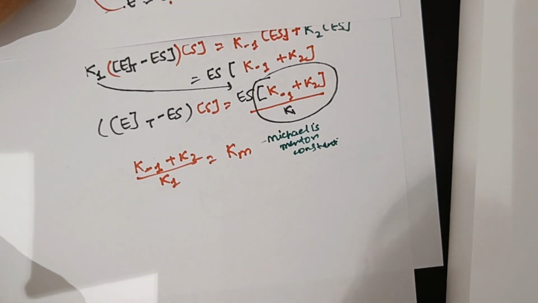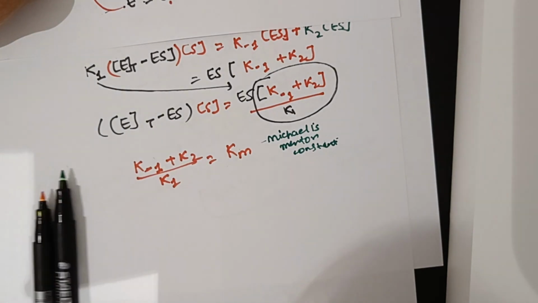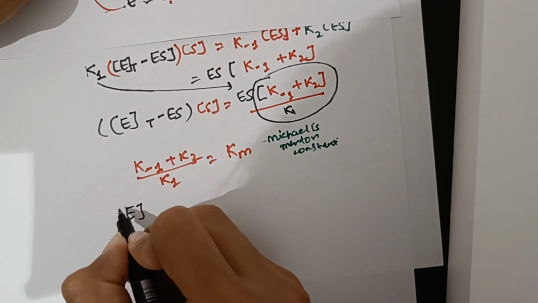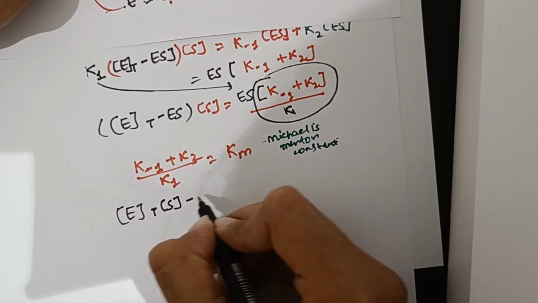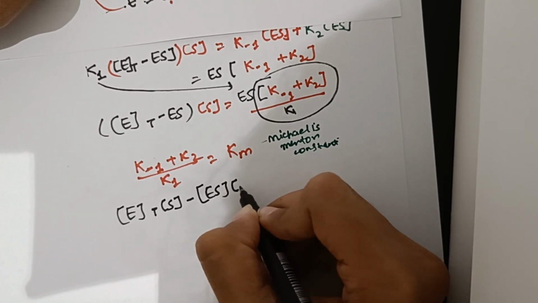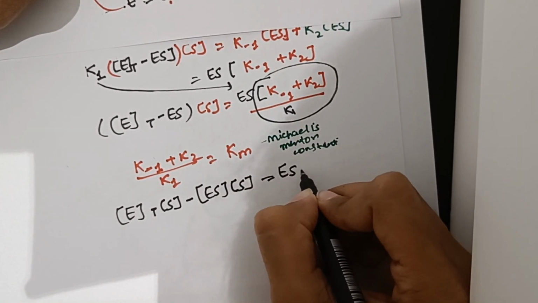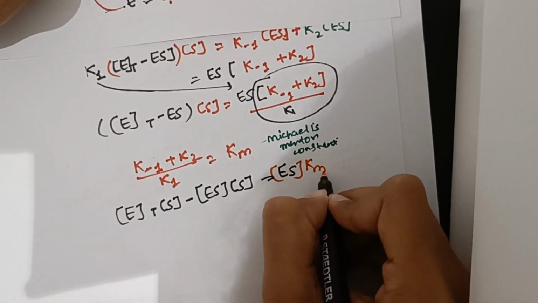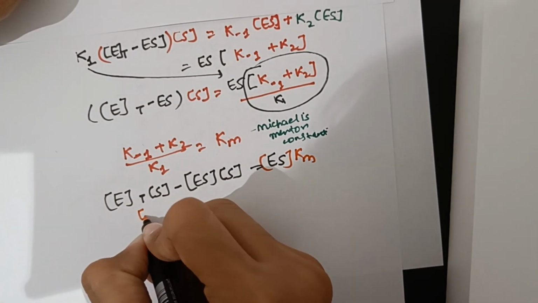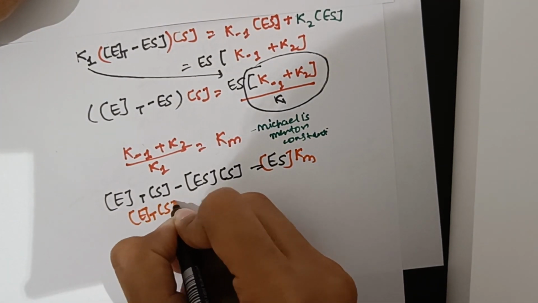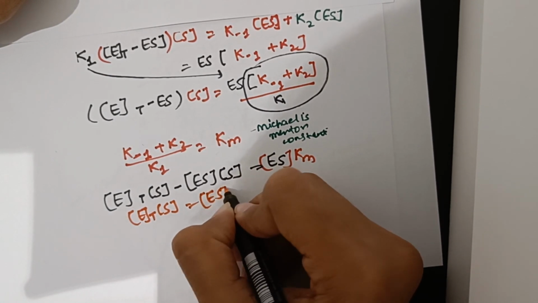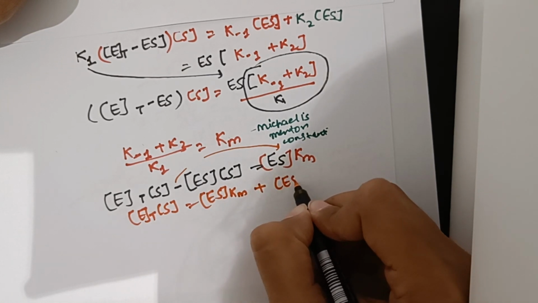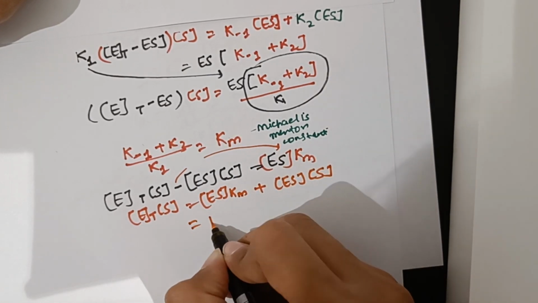So now we continue this. Here you multiply this with this, so it comes Et S minus ES and S, and here we can put simply ES with Km. And now we can move this equation here, Et S, and then if we move it here, ES Km, so this equation goes here plus ES S, and then we can simplify it further.